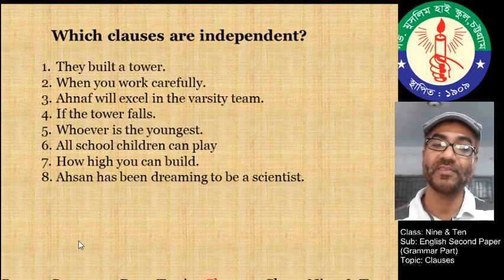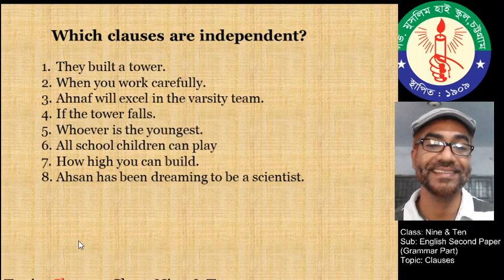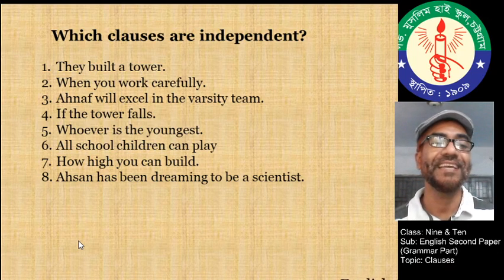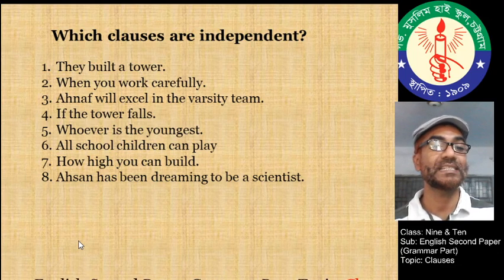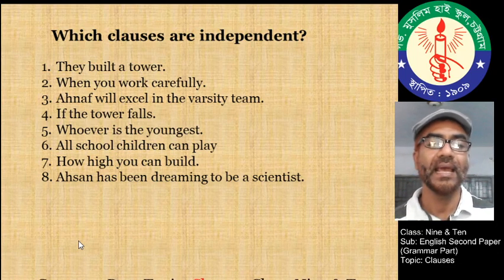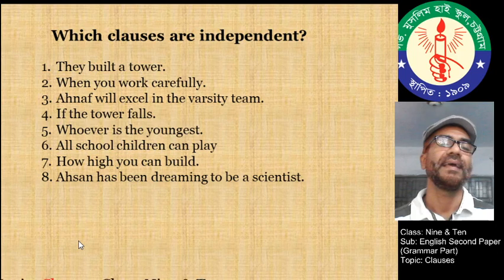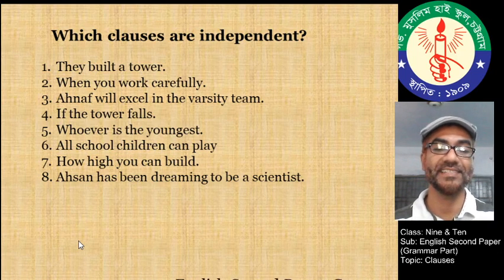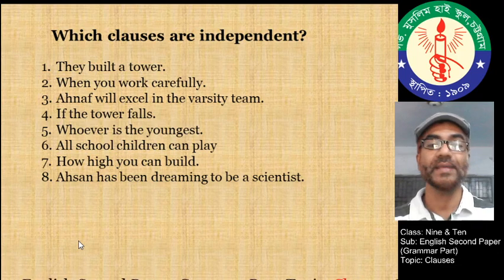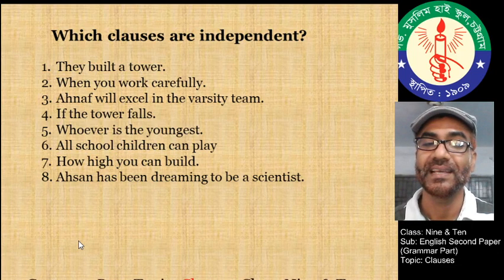When you work carefully. Anna will excel in the varsity team. If the tower falls. Whoever is the youngest. All school children can play. How high you can build. And the last one is, Hassan has been dreaming to be a scientist. Which clauses are independent? Have you already found out?